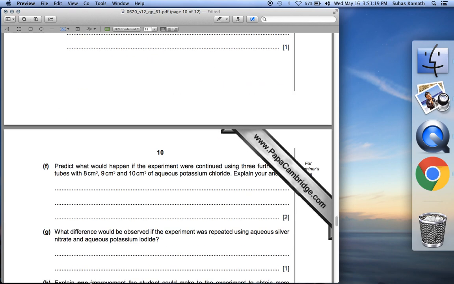So predict what happens if you continue with 3 further tubes with 8 cm³, 9 cm³, and 10 cm³ of aqueous potassium chloride.